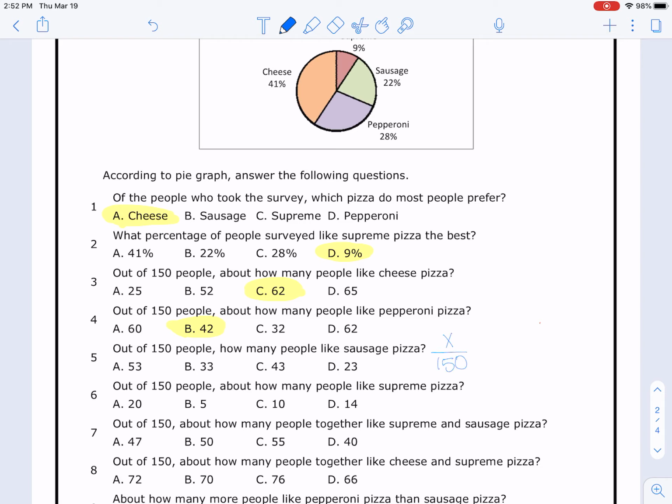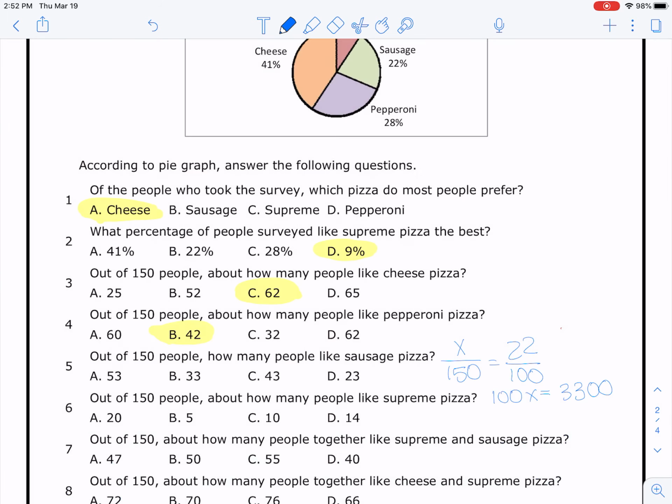X equals 150. We know that 22% would be 22 over 100. Cross multiply, 100x equals 150 times 22 would be 3,300. And then if you divide that by 100, we know that is equal to 33. So we know that B is the answer.